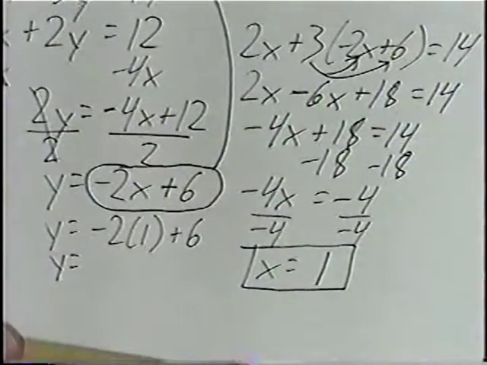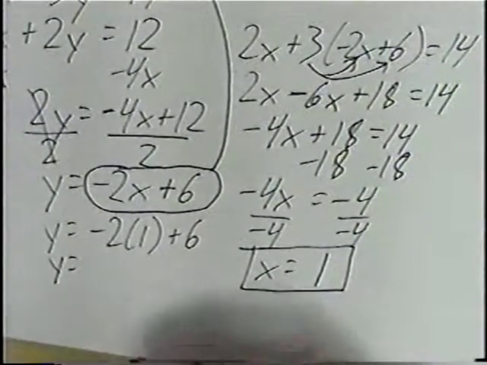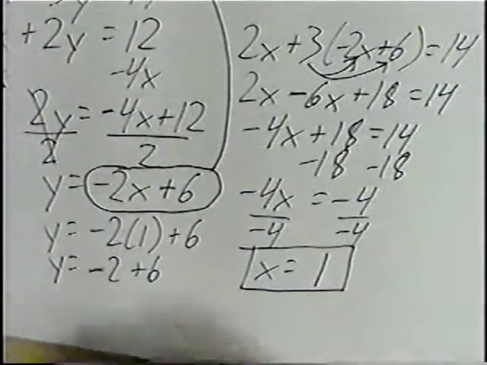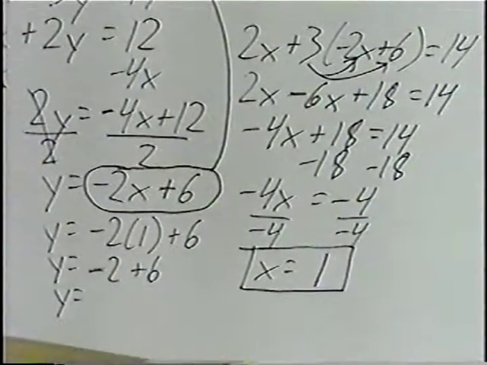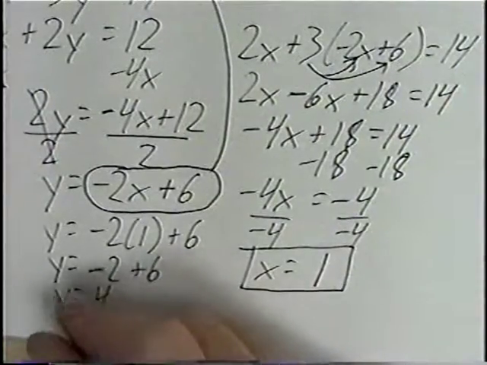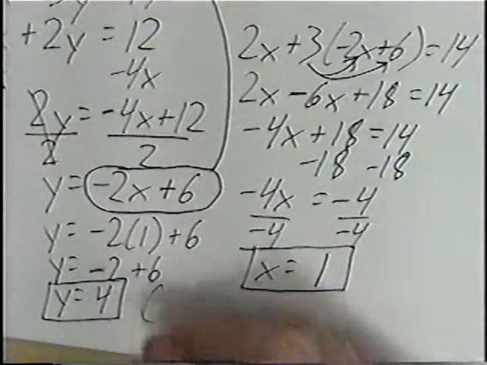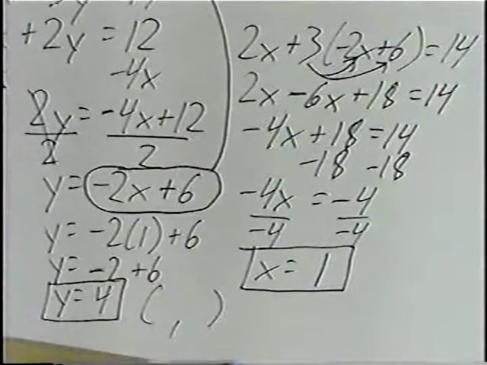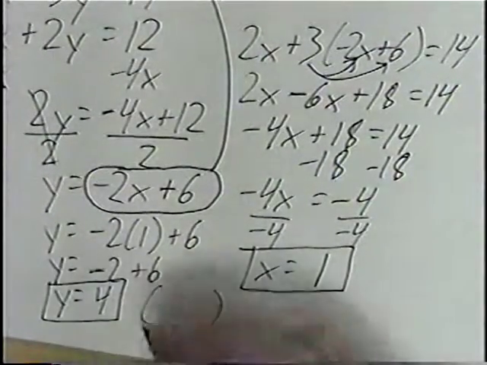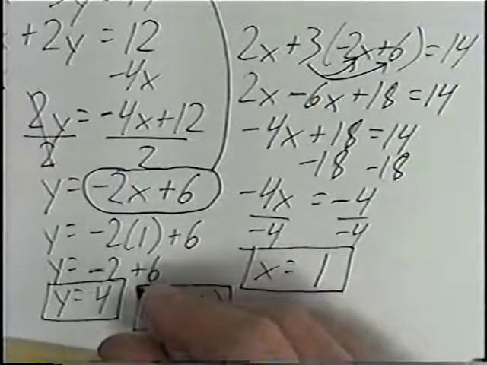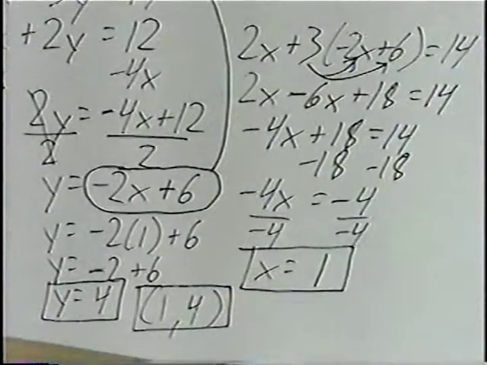So y equals negative 2 times 1 would be negative 2, plus 6. Negative 2 plus 6 would be 4. So we'll have our second answer, y equals 4. And again, you could write this as a point, x comma y, which should be 1 comma 4. This point again represents that these two equations would cross at 1 comma 4.